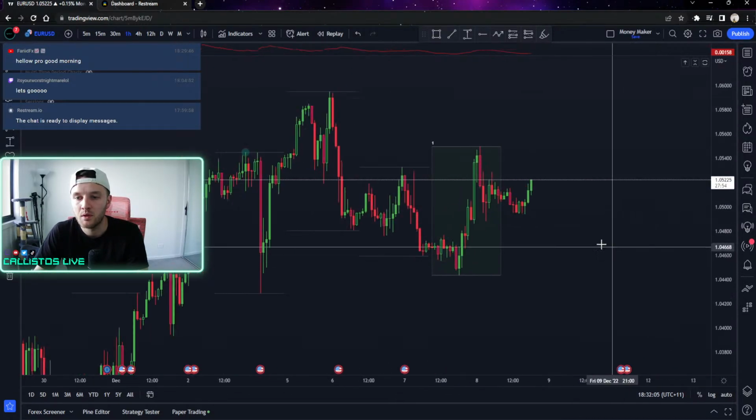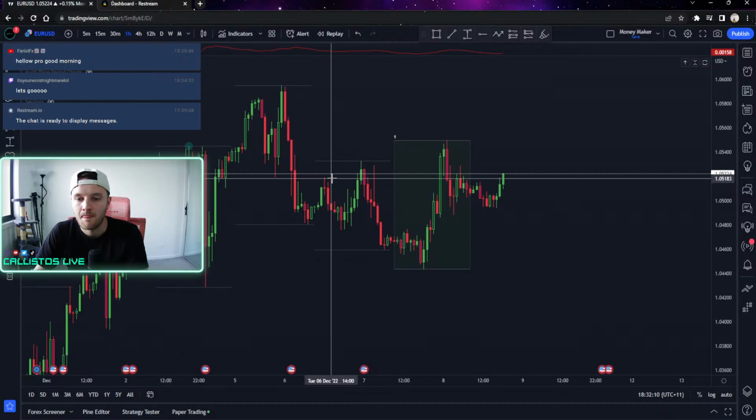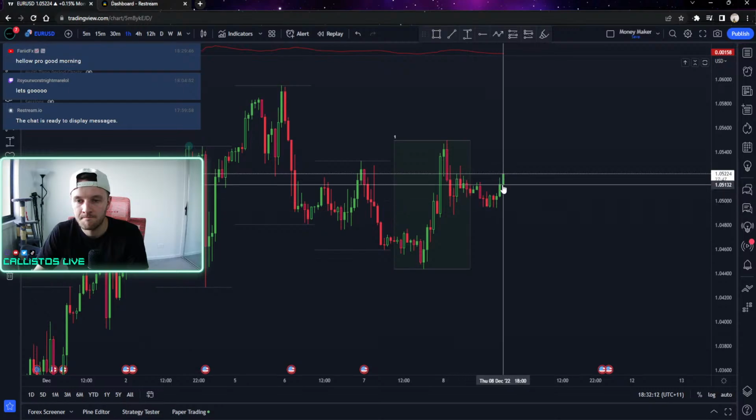So we can see we're getting that bullish movement like we talked about on Euro USD now, after that nice daily candle yesterday.